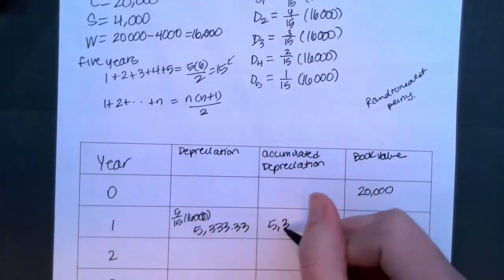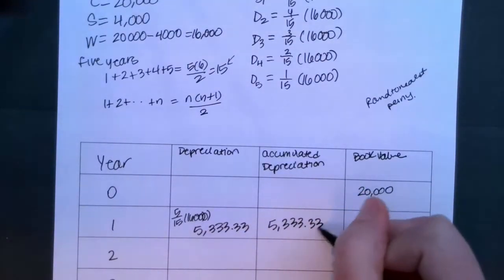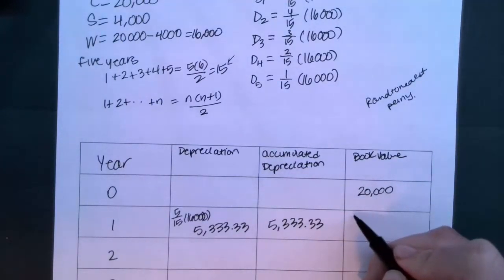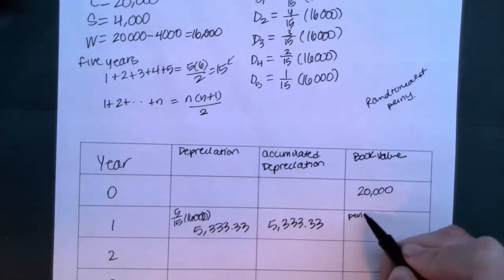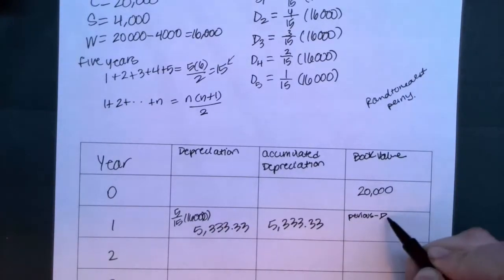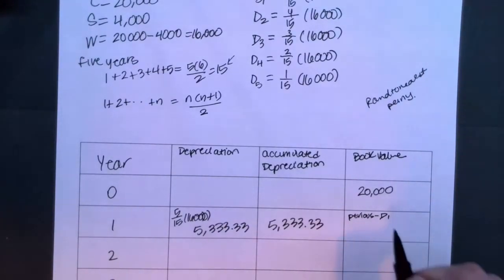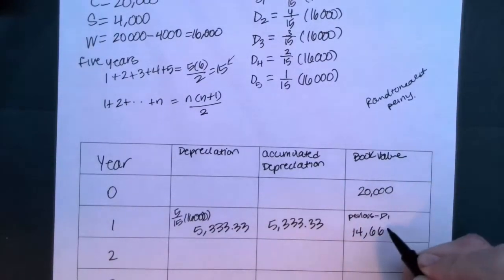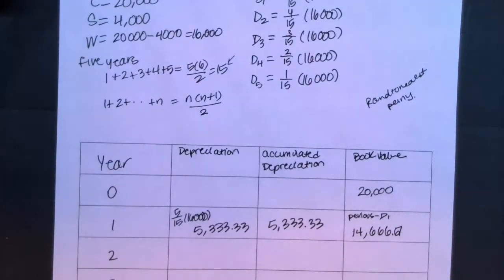That would be our accumulated depreciation. And then the book value is going to be your previous book value, just like we did before, minus your depreciation. So in this case, minus our D1. And we should get $14,666.67.